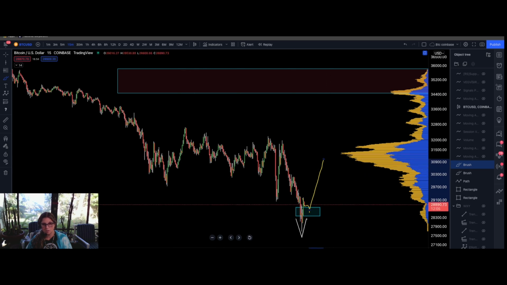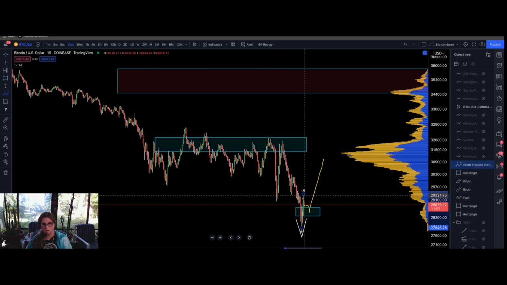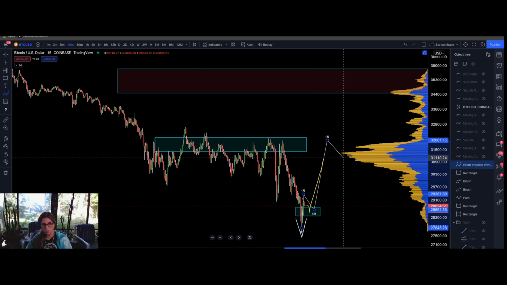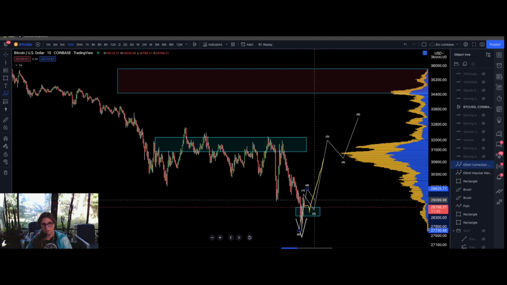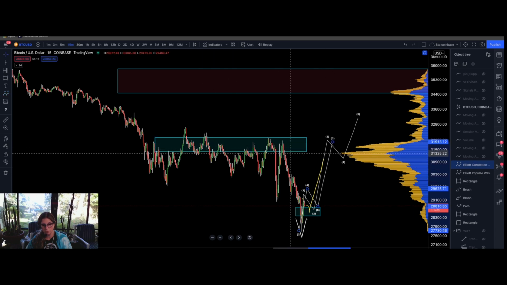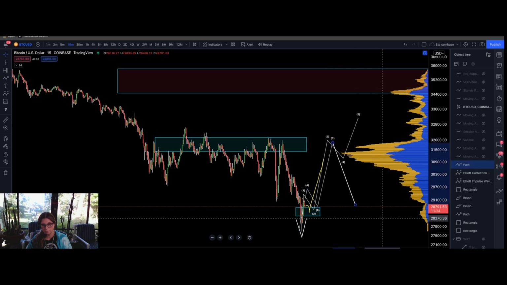If it cannot get past this area in a 1, 2, 3, 4 finds support in here and kick off our 5-wave move, we are not coming out of here. What will happen is this will be an A, a B, and a C wave that won't be able to get through. What does that mean? That we're rolling over again. Okay?